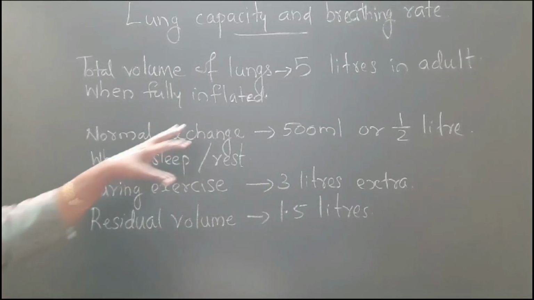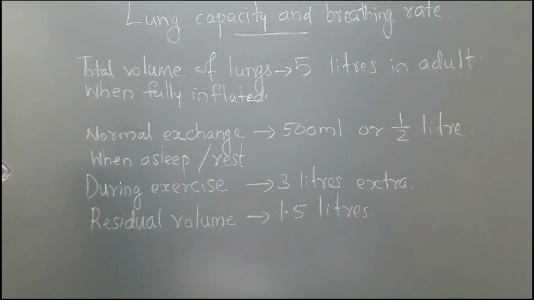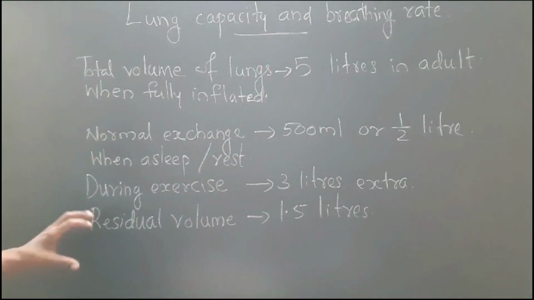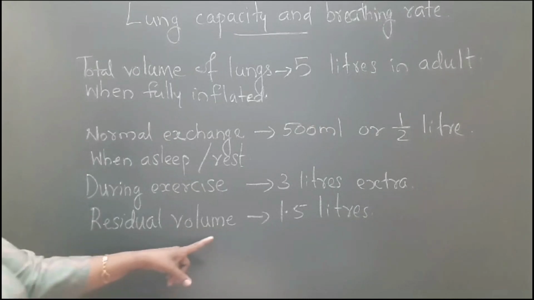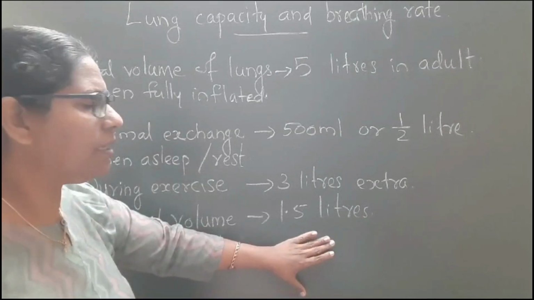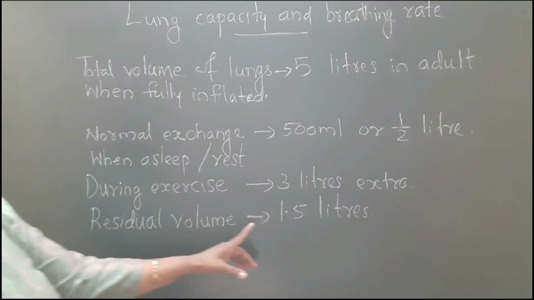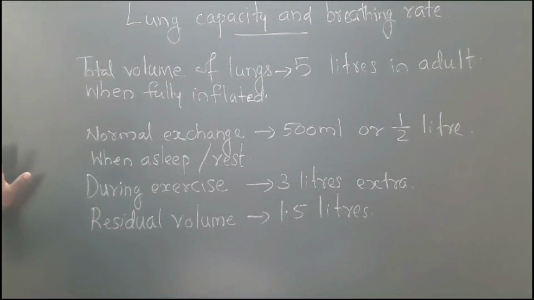I already said our capacity is 5 liters. Then where is the remaining 1.5 liters? It is always there in the lungs, which we don't expel. That is called residual volume, 1.5 liters, which we don't expel.